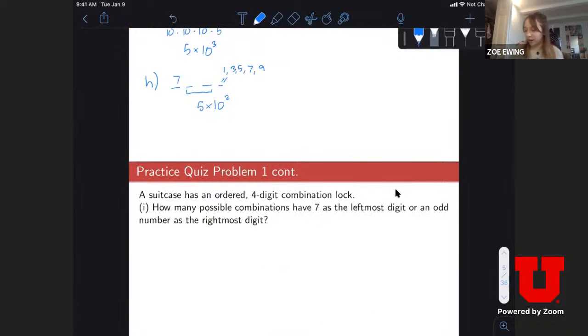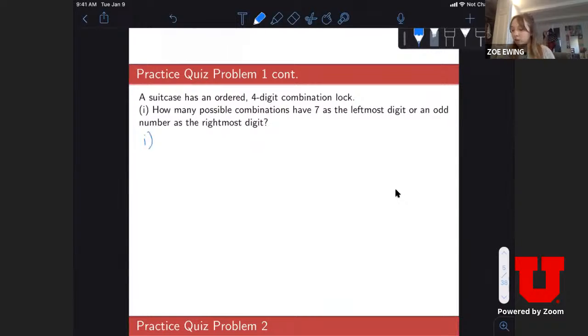All right, this is where we're gonna have to figure out a couple other things. So now we want to figure out how many possible combinations have 7 as the leftmost digit or an odd number as the rightmost digit. So we know that the number of combinations that have 7 as leftmost is equal to, we said, 10 to the third.